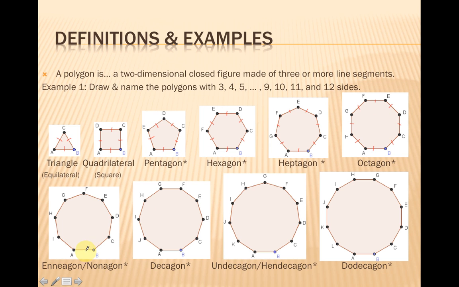And so this one is called a nonagon. Some people prefer to call it an enneagon. And regardless of which of those two you call it, this is a 9-sided polygon. 1, 2, 3, 4, 5, 6, 7, 8, 9 sides.